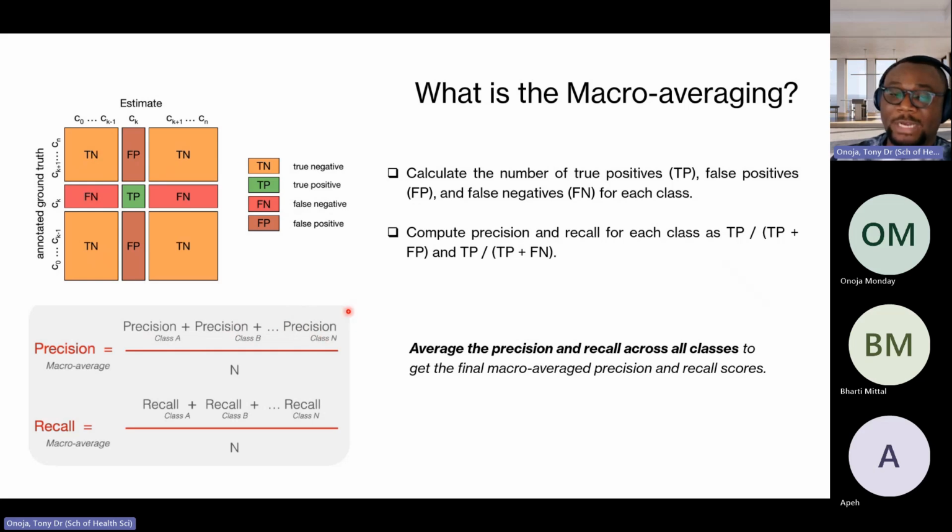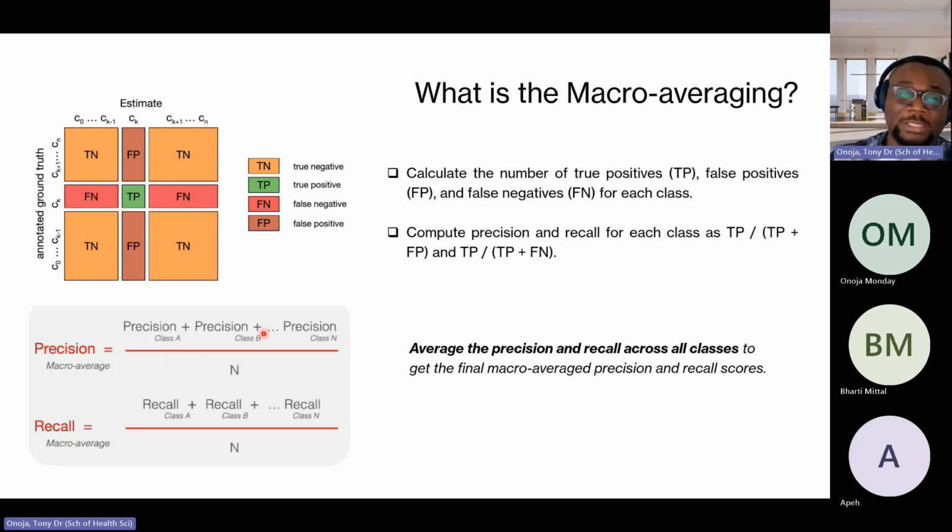So if we have 5 classes, it means we are going to have class 1, 2, 3, 4, 5, and then we add their classification performance scores. In this case, if it's precision, we are going to add. Now we remember when we talk about the precision, we said the precision talks about the rows, the recall talks about the column. So it means you're going to add these rows, remember? Then you divide.